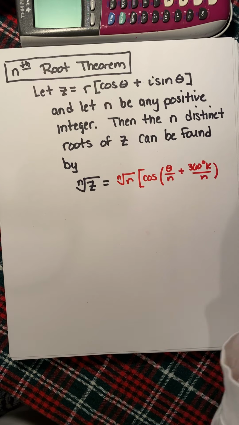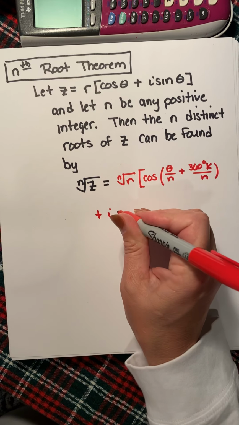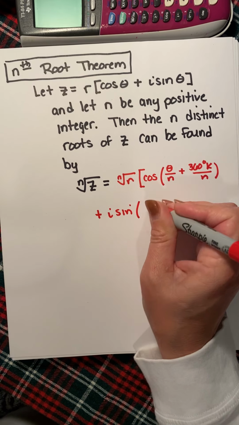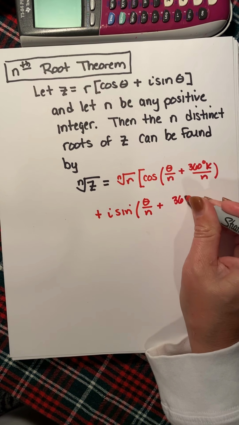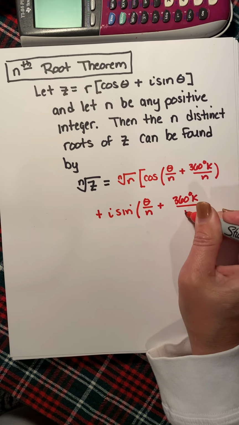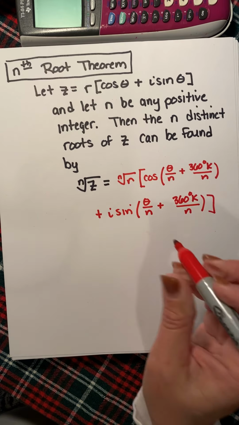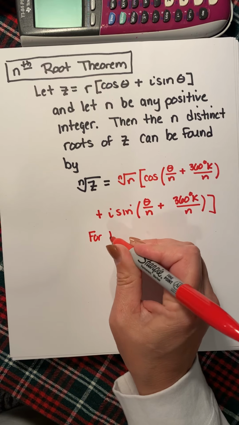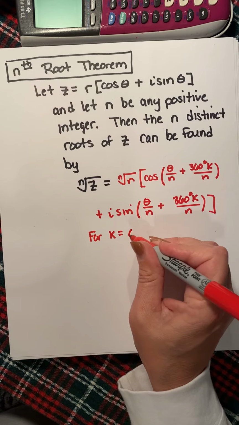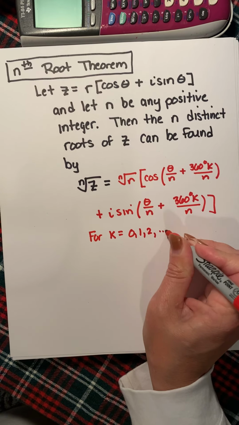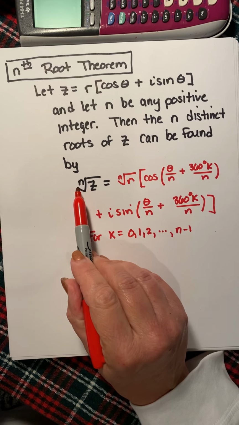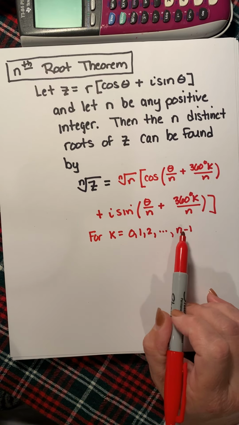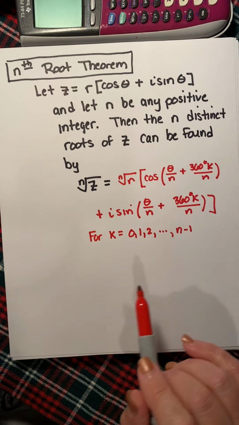Let me write it all down and we'll talk about it. Plus i sine theta over n plus 360k all over n for k equals 0, 1, 2, and you go up to 1 less than the root. So if we're taking the 10th root, we would go from 0 to 9. If we're taking the square root, we would just go from 0 to 1.